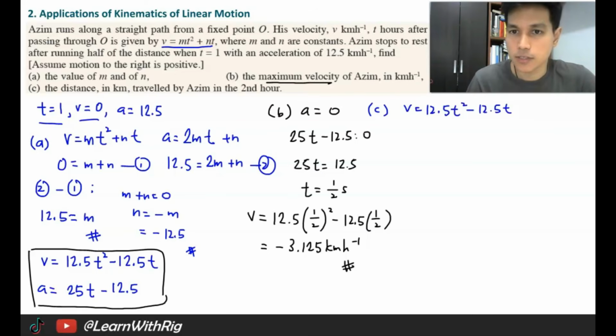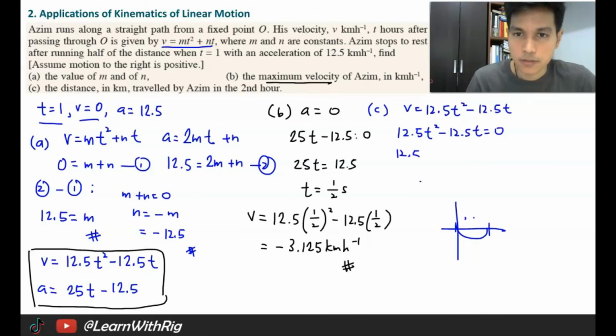From here, you know it's a positive quadratic graph, so it's going to be a smiley U shape. The second thing you want to find out is the intercept. To find the x-intercept, v must equal 0, correct?